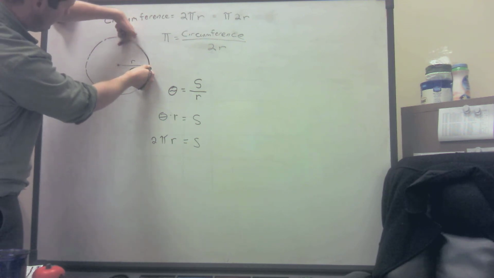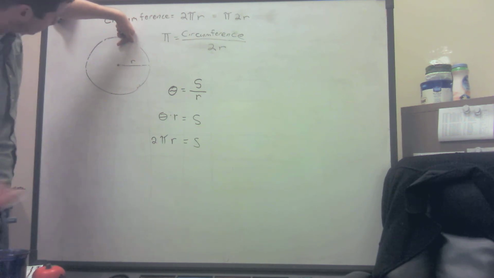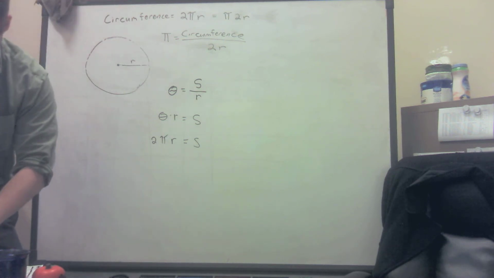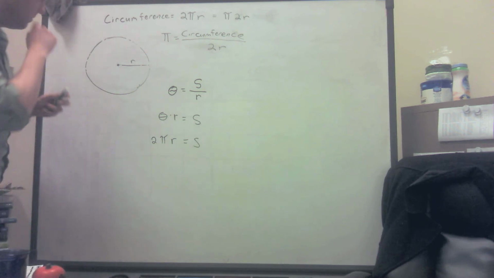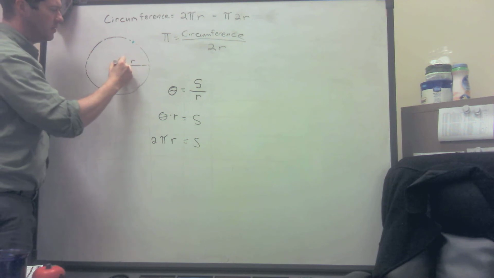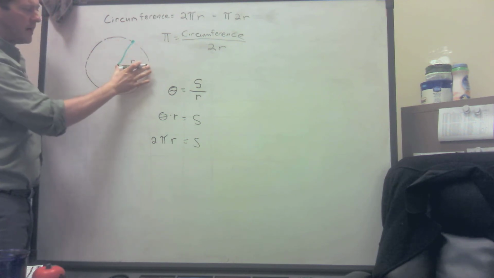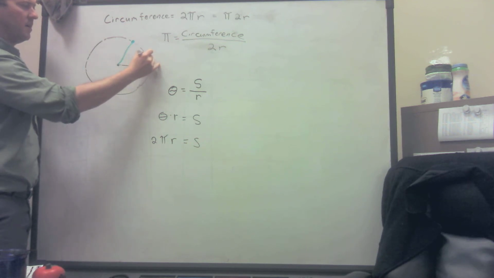I want to make a note of where that is, and then get out one of my markers. Oh, let me get a better marker. Okay. So that distance right there, what I did is I took this length r and I went that distance along the outside of my circle.